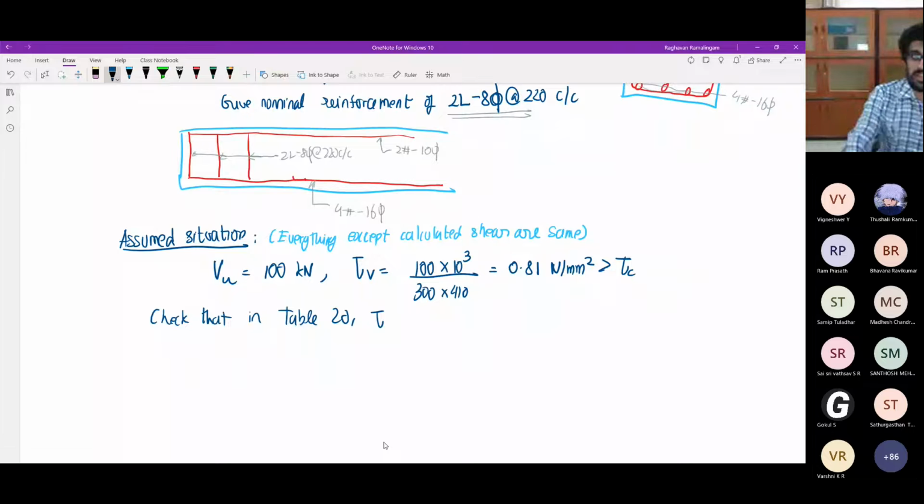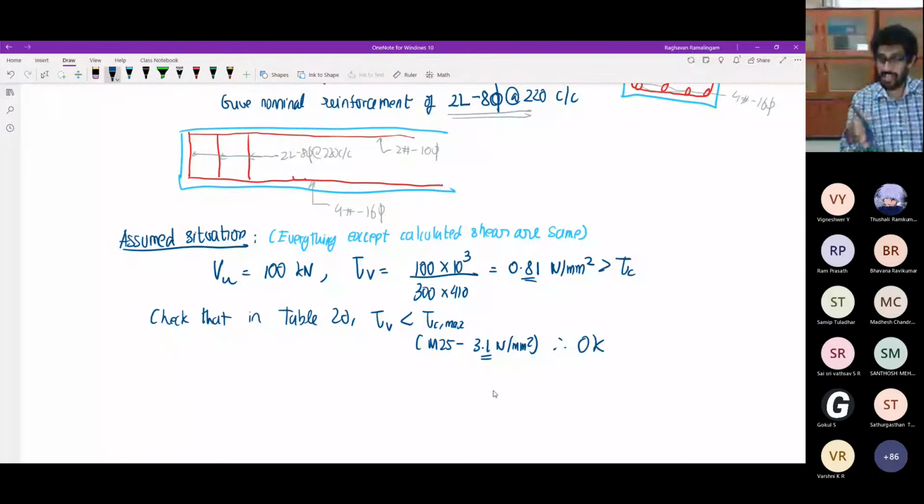Now, as a corollary, in case this was not okay, in case your tau v was greater than tau c max, your only option is to increase the beam cross-section effective area, or try to increase either the breadth or the depth of the beam.